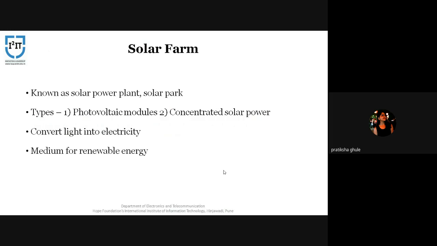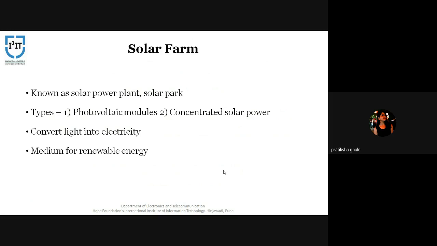So we'll start with the solar farm. So what is the solar farm? So solar farm is basically a large scale solar installation where photovoltaic panels or concentrated solar power are used to harvest the solar energy. They are also known as solar power plant and solar park.